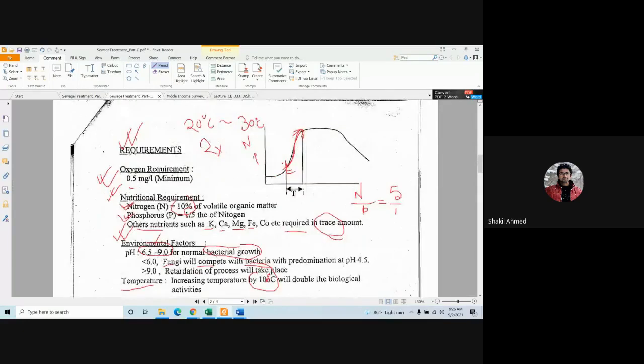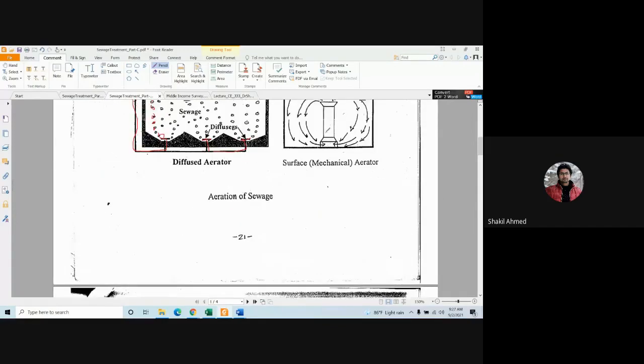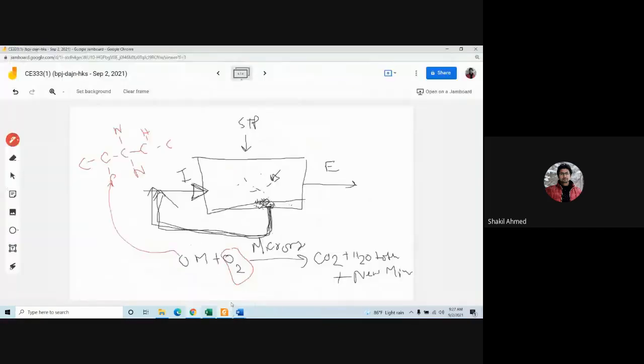Bacterial growth will be 2 times. So the breakdown of the organic matter, this reaction, will be faster. So your purification or treatment process will also be faster.